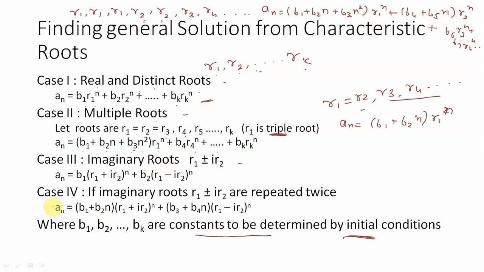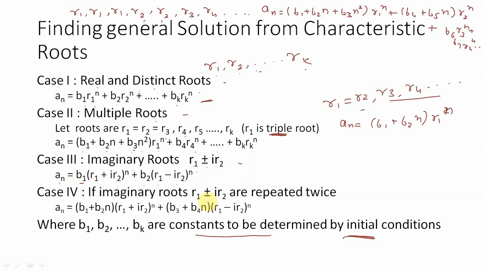Now the third case: if the roots are imaginary, of the form R1 plus minus iR2, the homogeneous solution will be given as An is equal to B1 (R1 plus iR2) to the power n plus B2 (R1 minus iR2) to the power n. If they are imaginary roots, we will get two roots, one with the addition term and one with the subtraction term.